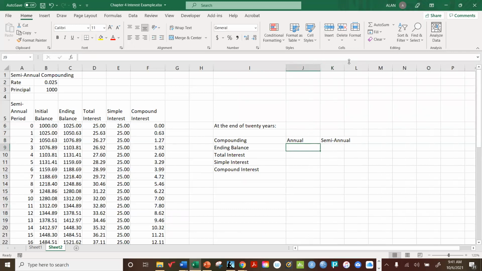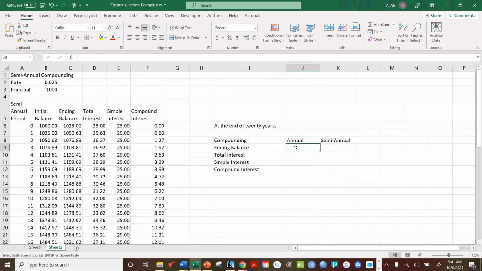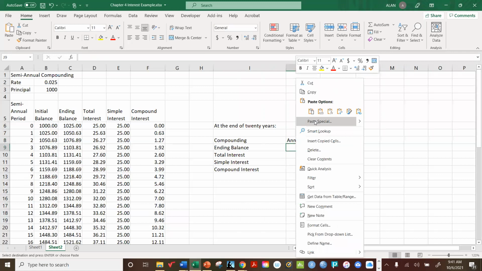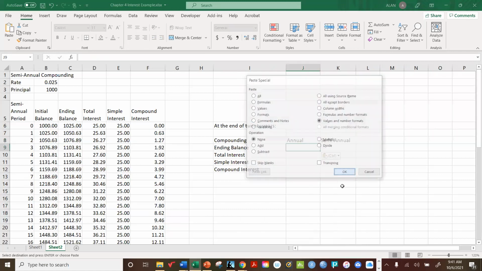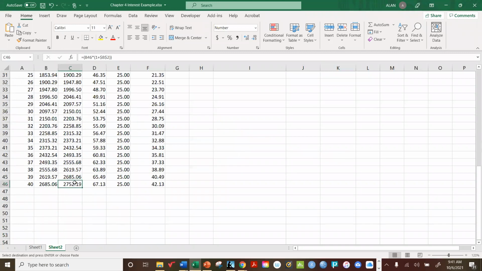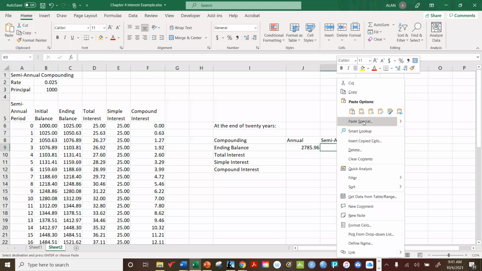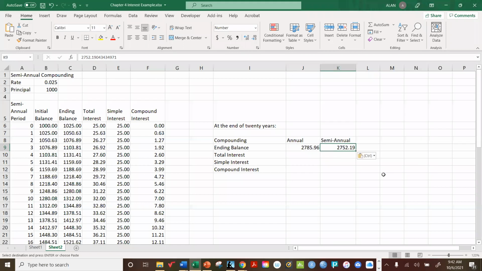So you can see the differences. So the ending balance with annual was right here. And the ending balance here, and what, uh-oh, no, something went wrong. No, that's not supposed to happen. Hold on, there's something not right.